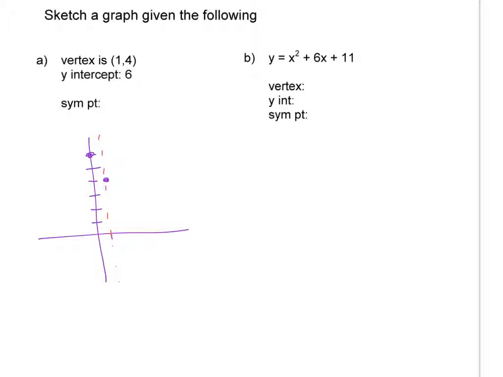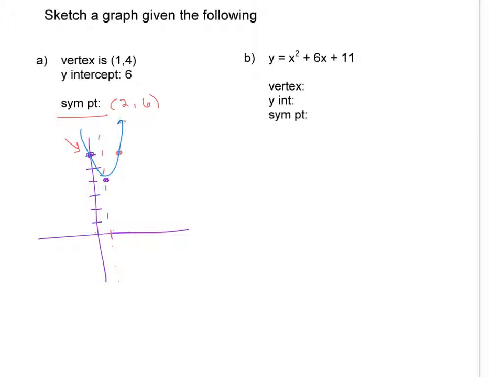So the y-intercept is going to have a mirror image point on the other side. When I ask you for the symmetric point, I'm asking what that mirror image is. If the vertex is at (0, 6), then the symmetric point is going to be at (2, 6).